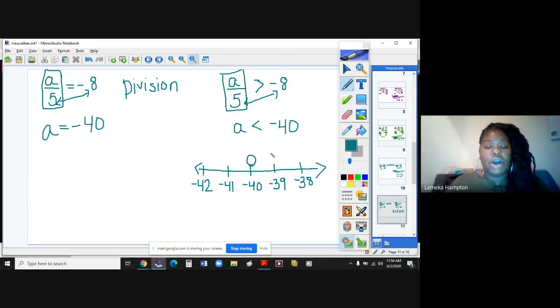The reason why it's open over negative 40 is because that lets me know that negative 40 is not a part of the solution. Now, I'm going to pick a number. I will pick negative 38. Now, the question I have is: is negative 38 less than negative 40? Yes or no?